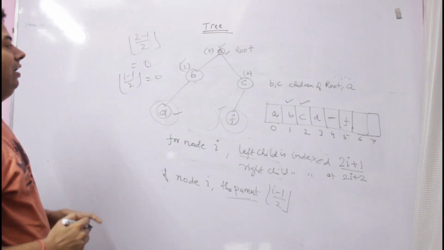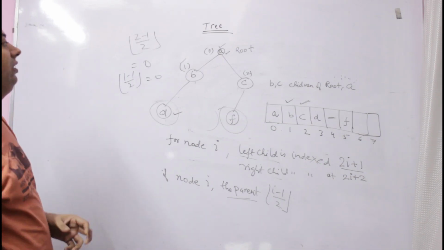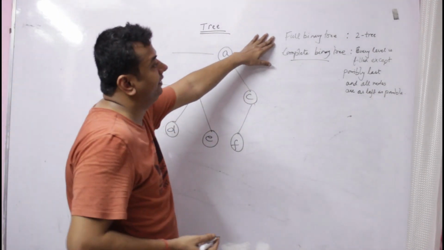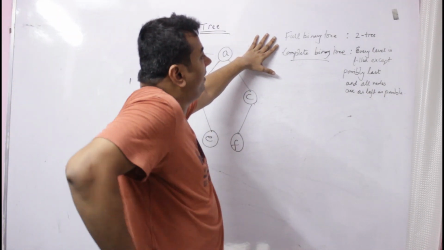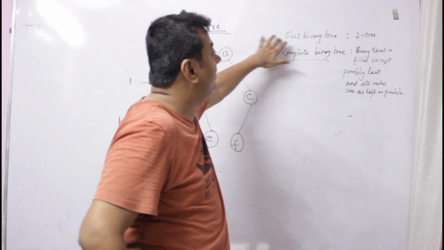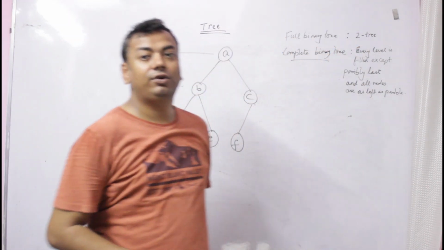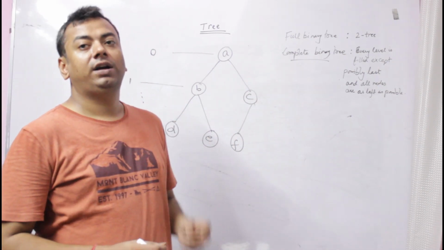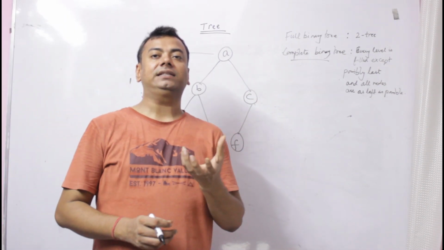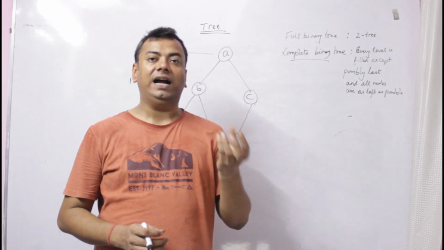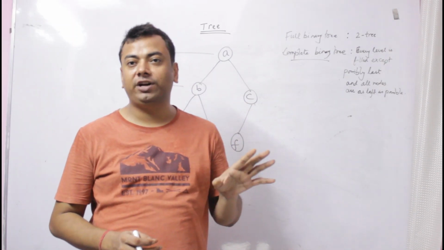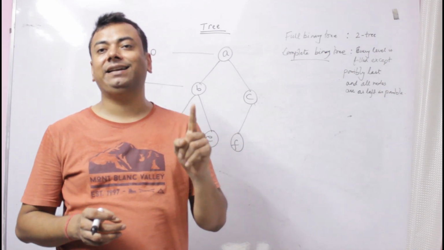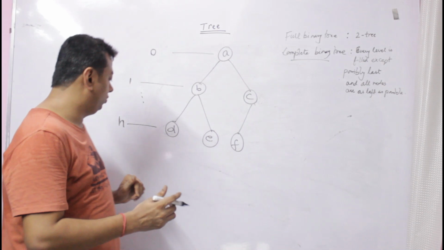Okay. So next we will see what is height. So what is a full binary tree? A full binary tree is also known as a two tree. What is a two tree? A full binary tree means for each node, either it has no children at all, or if it has children, it will be exactly 2.